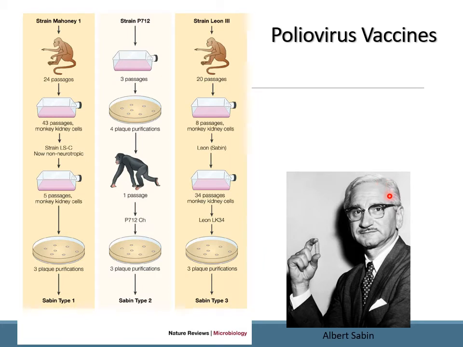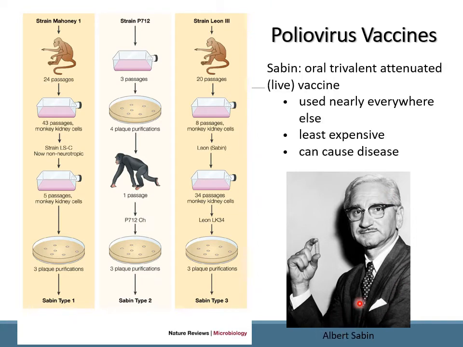So the second type of poliovirus vaccine was developed by Albert Sabin. It is considered the Sabin vaccine. This is an oral vaccine, and it is live attenuated. It's trivalent and has three poliovirus types in it. So this image here shows each type of poliovirus and how it has been attenuated.